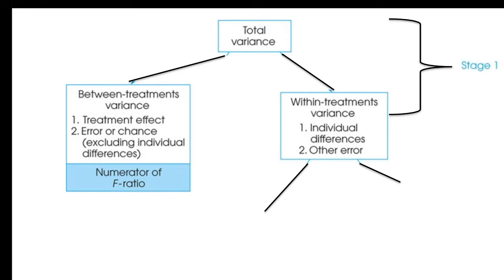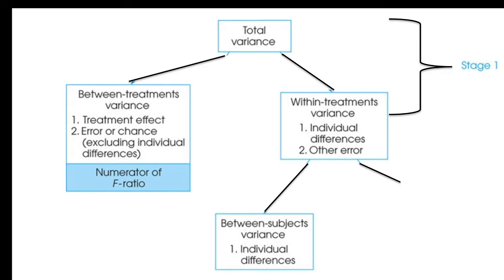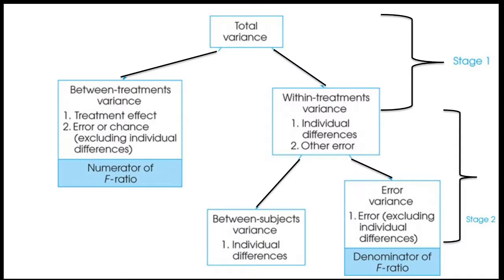Thus, this is stage 1. Then, between subjects variance, number 1, individual differences, and the error variance, number 2, error excluding individual differences. This is the denominator of the F ratio, and this is the second stage, or stage number 2.